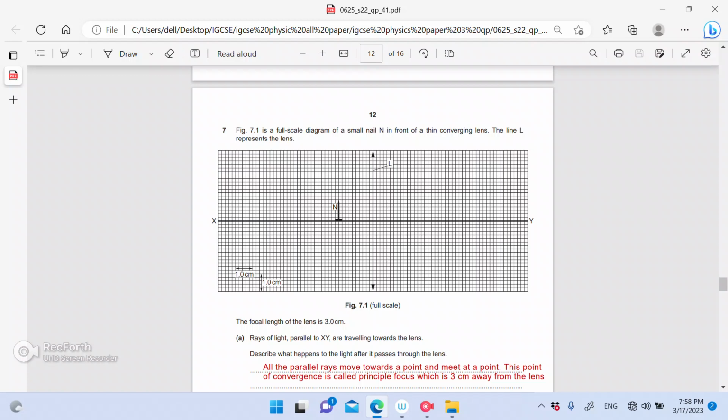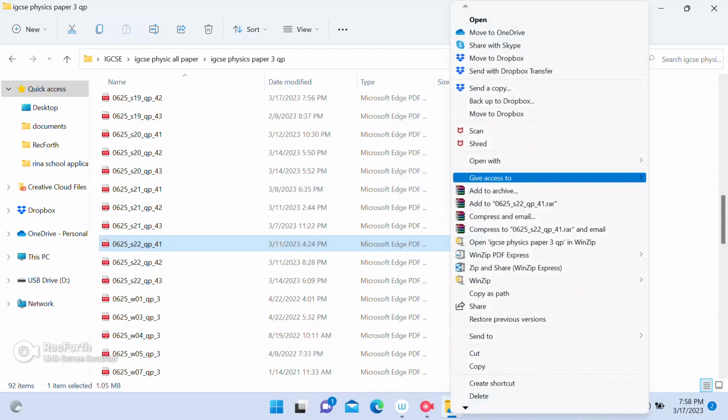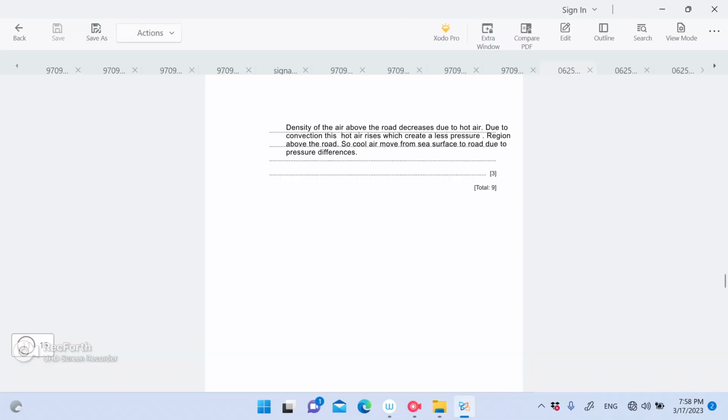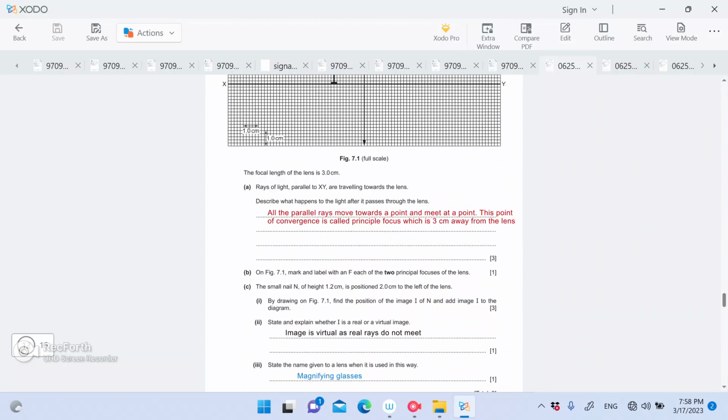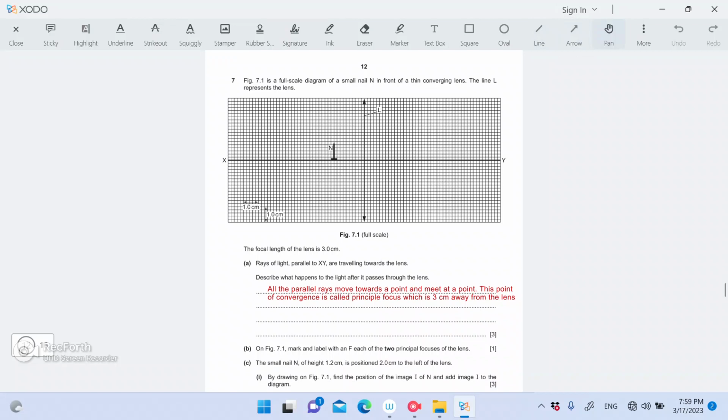So here you can see there is one convergent lens. L represents the lens.